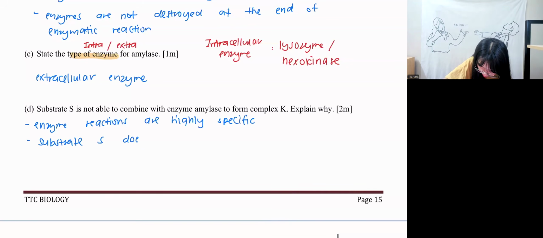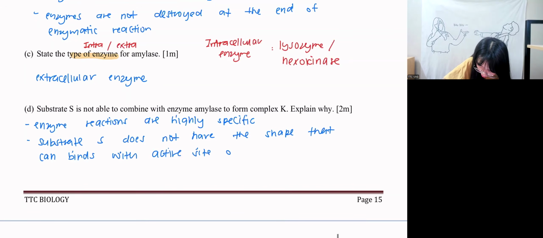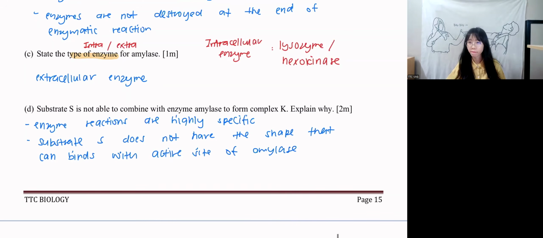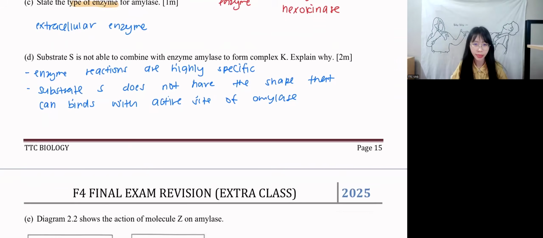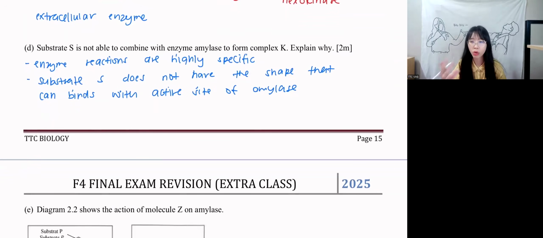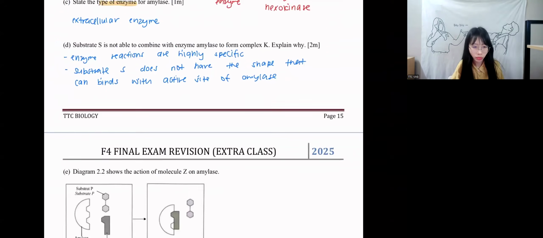Substrate S does not have the shape that can bind with the active site of amylase. So usually when we explain our answer, we will also use the characteristic of enzyme.